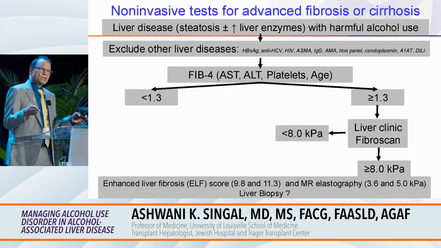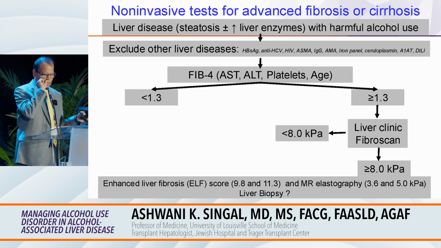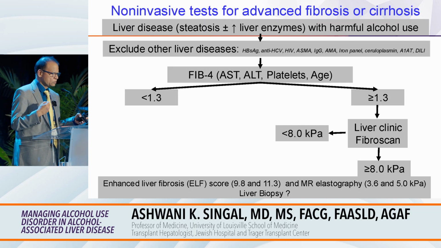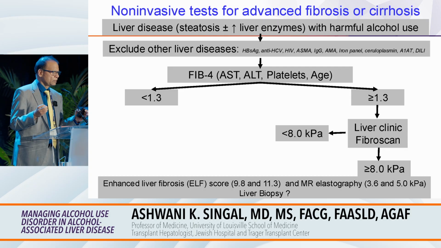And then if the patient has features of liver disease and you think that this is alcohol-associated after you have excluded other things in a high-risk alcohol use patient, the first test which comes in a primary care setting, very handy, is FIB-4, not only because it is a fairly sensitive test, but also because the algorithm used to calculate FIB-4 is very simple.